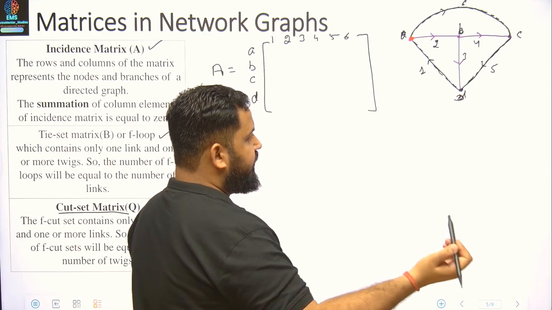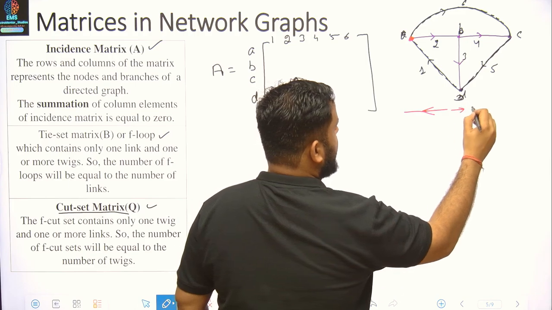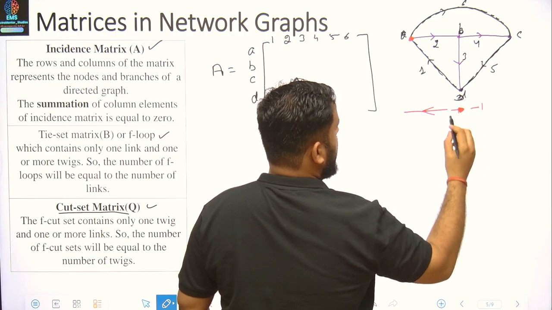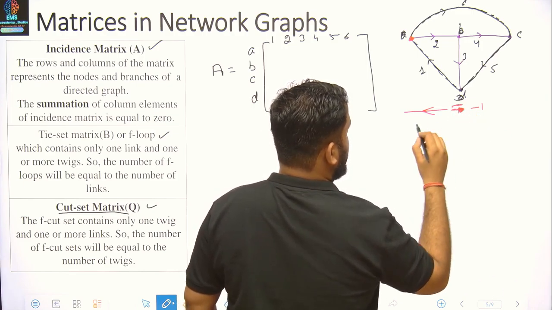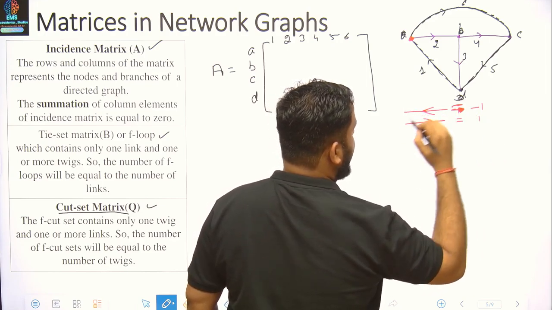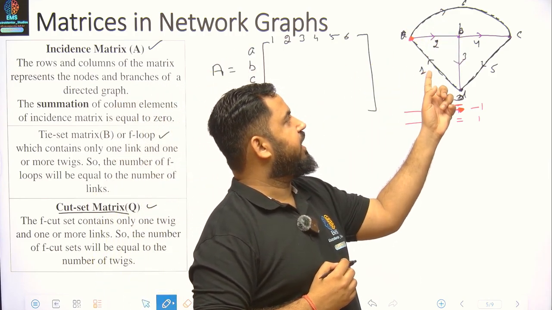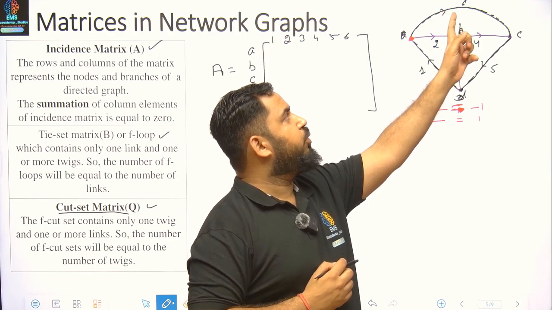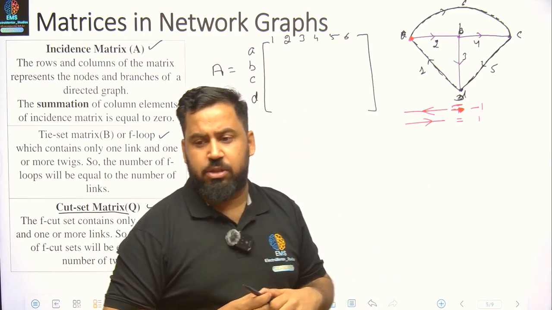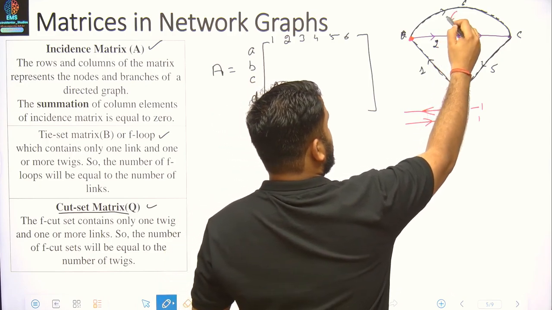If a branch is incoming, we'll put the number -1. And if the current is outgoing from that node, we'll replace it by 1. So at node A, we have 3 branches connected, 1, 2, and 6, where 1 is an incoming branch, 2 and 6 are outgoing branches.